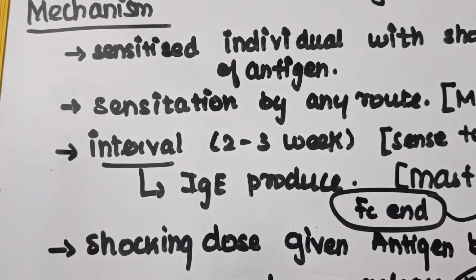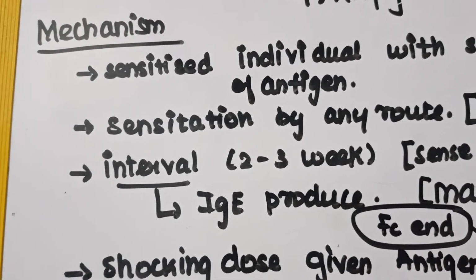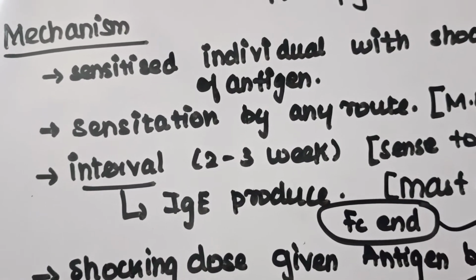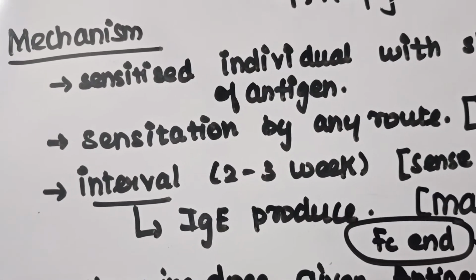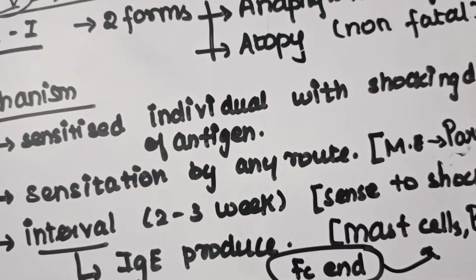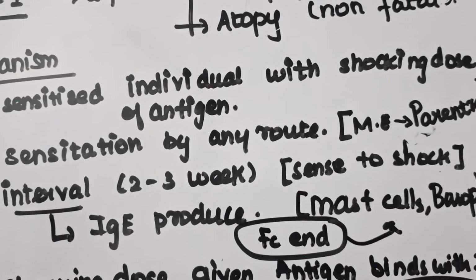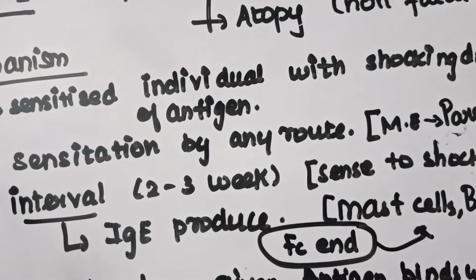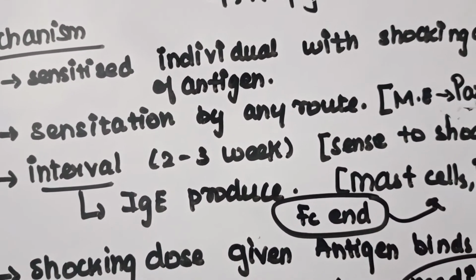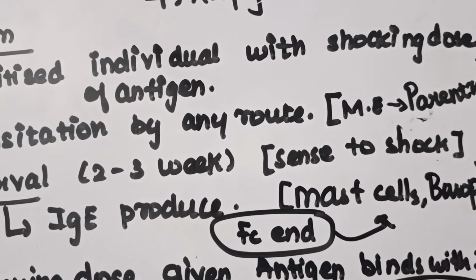And there should be an interval of 2 to 3 weeks between your sensitization and your shocking, because within this 2 to 3 weeks IgE antibodies are produced in your body, and that helps in this anaphylaxis. And these IgE antibodies attach themselves to mast cells and basophils through their Fc end.